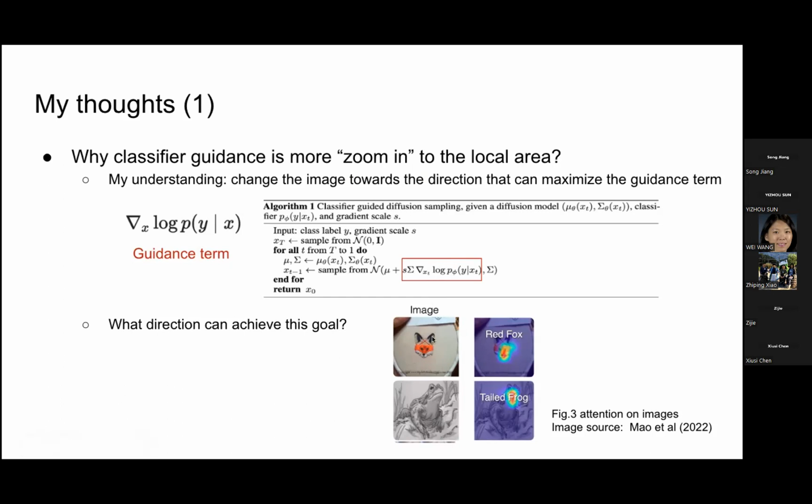From an image, if we choose CNN or whatever CV classifier model, they basically only focus on the object, instead of the environment, that can differentiate why this image belongs to some label. For example, here the fox is the part the model only looks at. That means from the classifier perspective, this fox part is the part that can maximize this conditional probability.